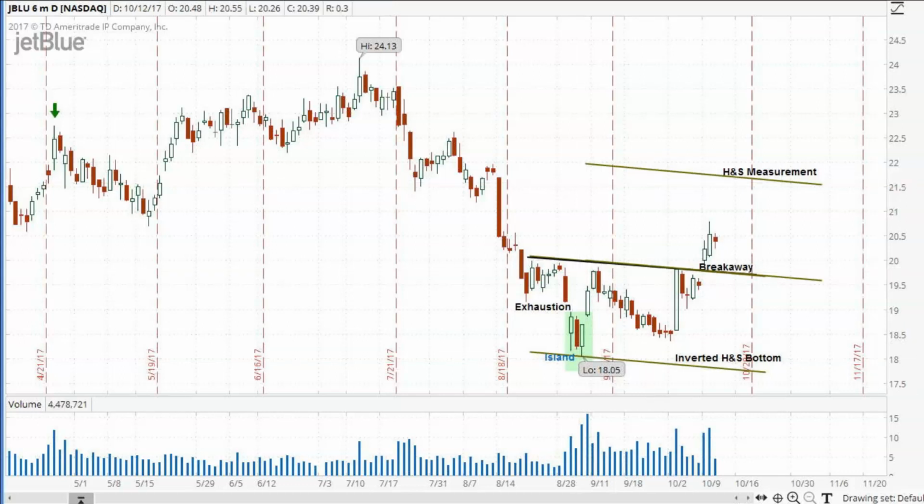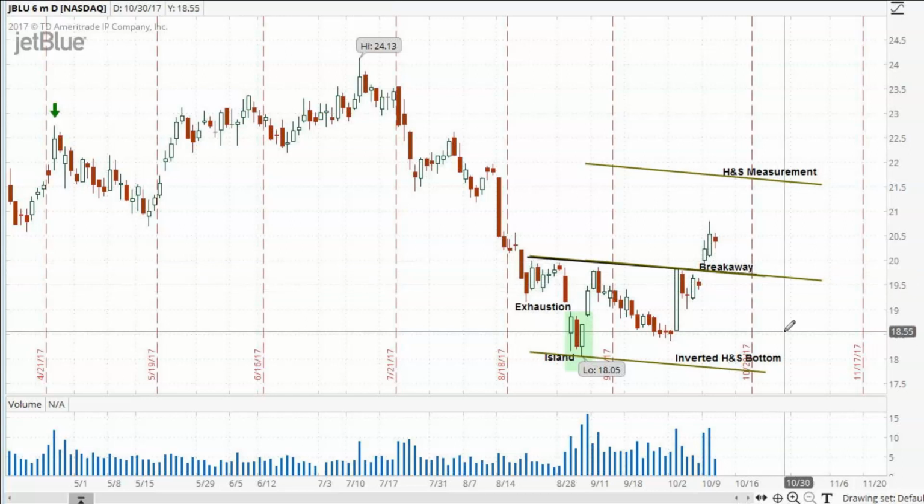Now what you can see that it did is it went into an inverted head and shoulders. Here's your left shoulder, here's your head, here's your right shoulder. You can see that clearly, and here is your neckline. Now I want you to notice that what it did was break away from the inverted head and shoulders. That's your breakaway gap. That's only 3 days ago. And that is pointing to a fact that it's likely that upward momentum is going to continue.